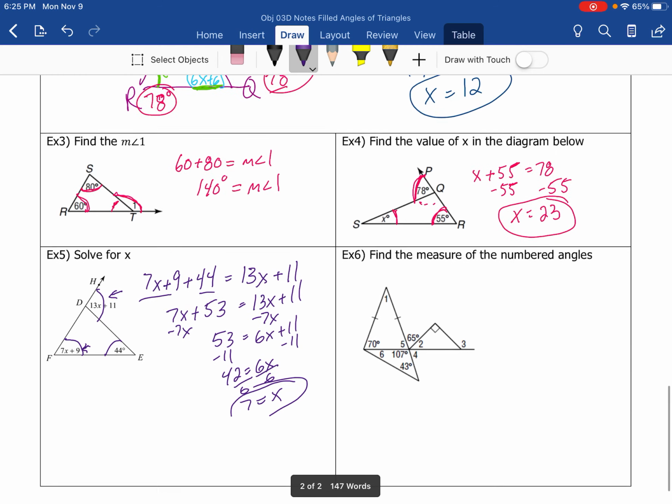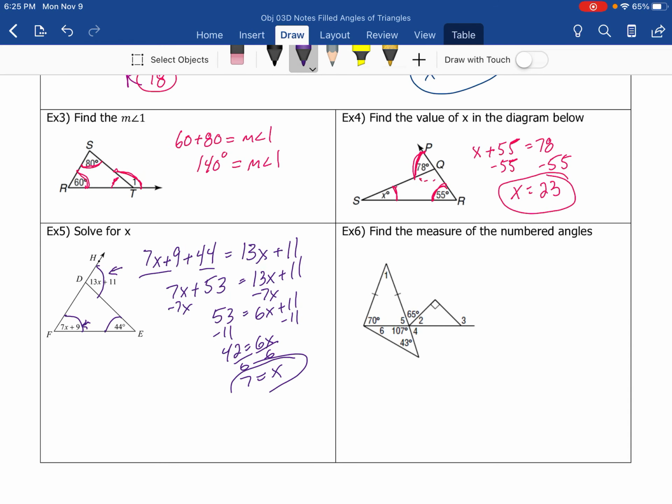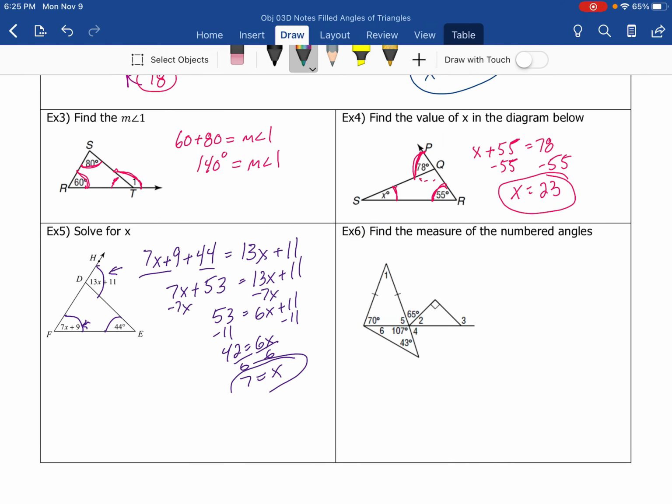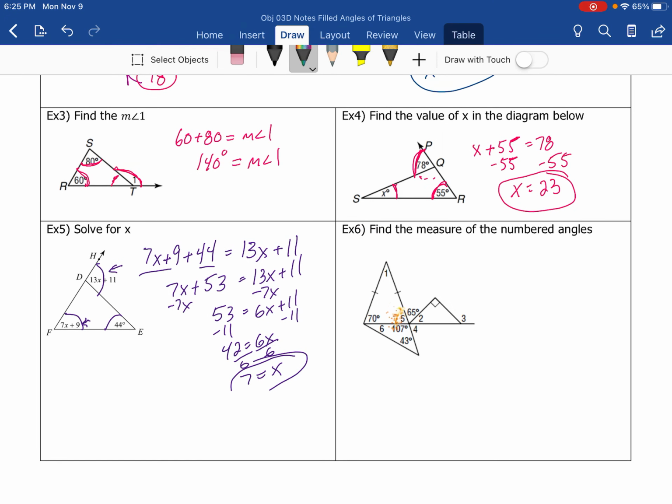So there's that one. All right, and in our final example, this is one of those ones where I go through and figure out all of the angles that I'm comfortable with finding first. So first thing I look at is I have an isosceles triangle. So if that one's 70 degrees, then this angle right here has to be 70 degrees.